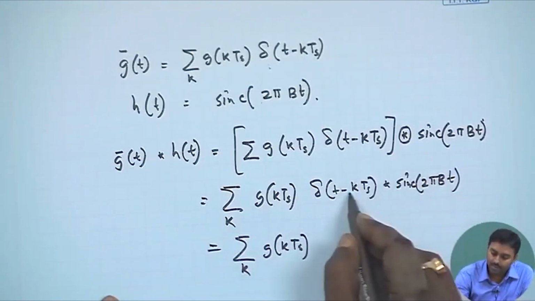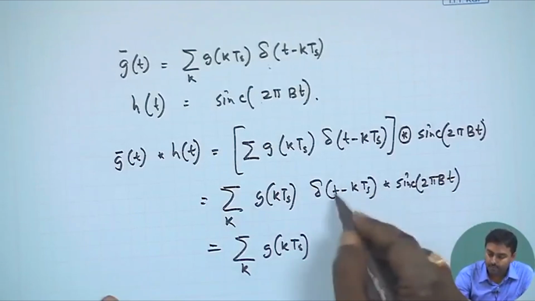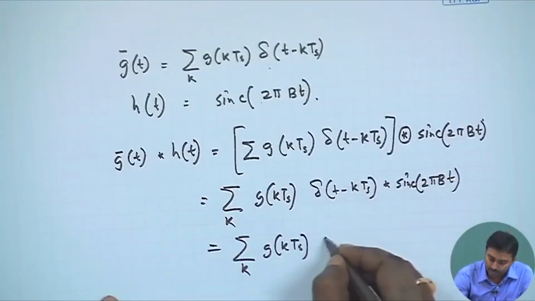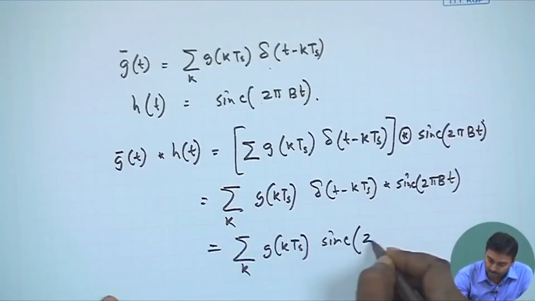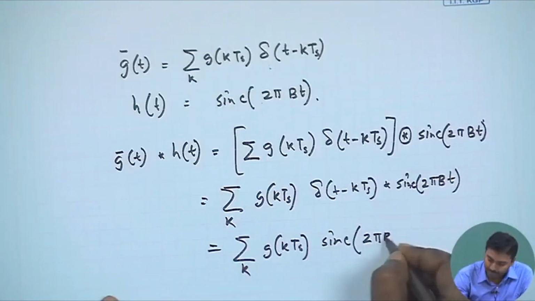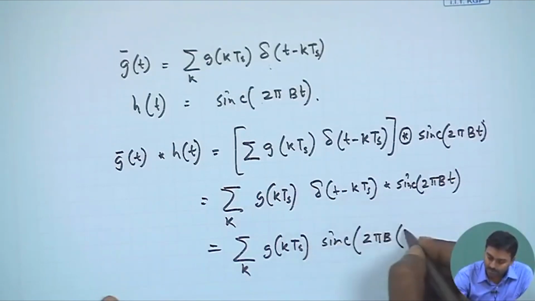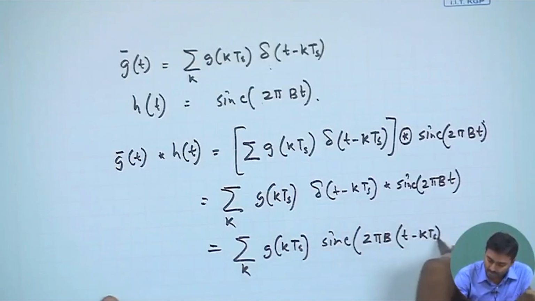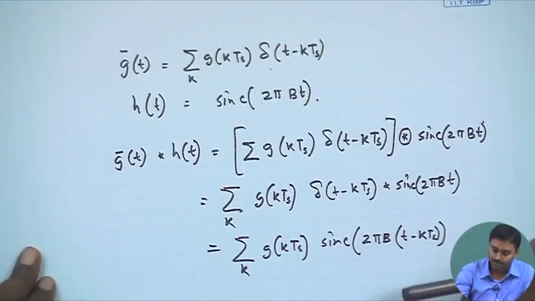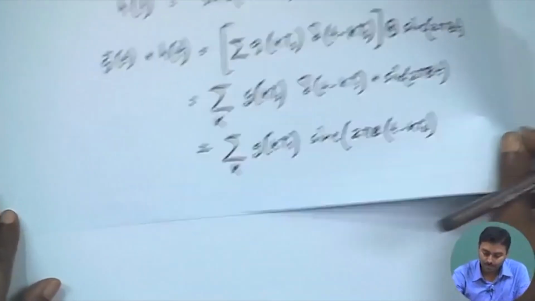This is just a sinc function, but at that delta location. So, this must be sinc 2 pi b, instead of t it will be t minus kTs, right. So, what is that?